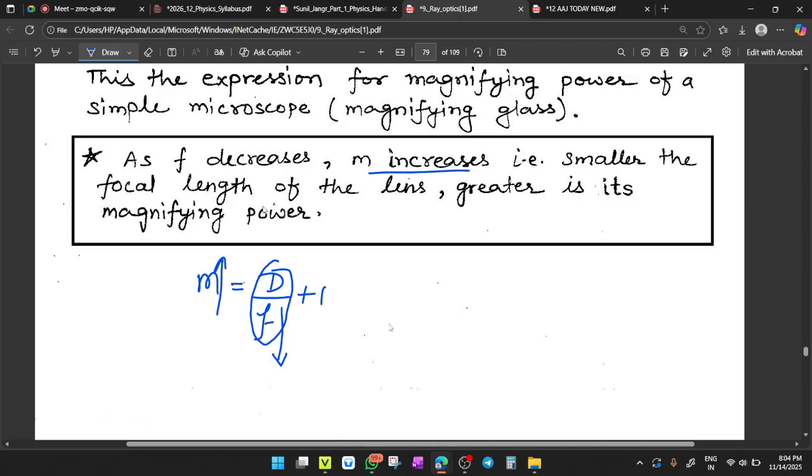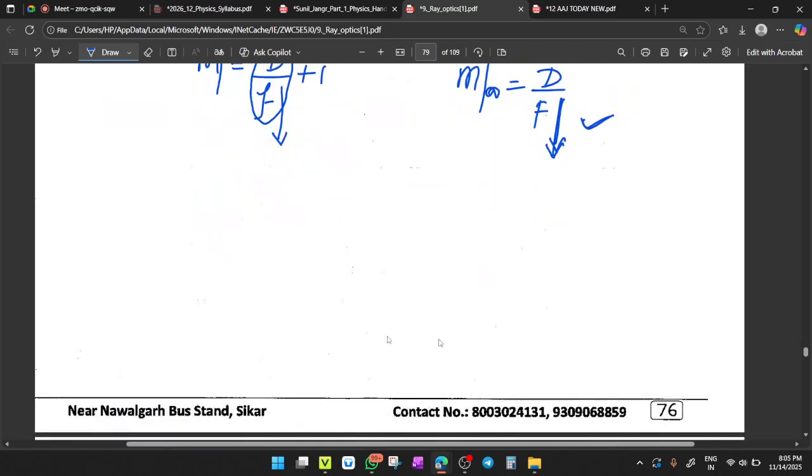That is, the smaller the focal length of the lens, the greater is the magnifying power. Clear? For infinity it is D by F only. So for a good magnifying lens, you need a smaller focal length.